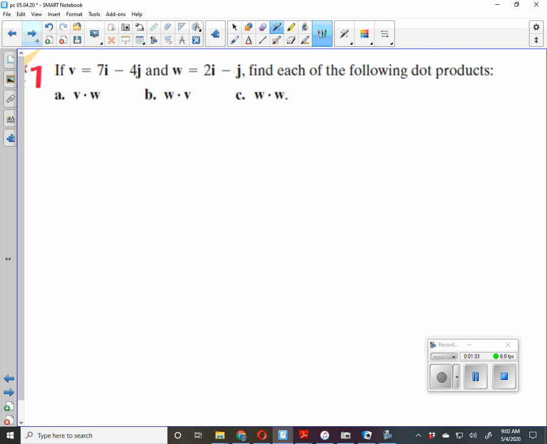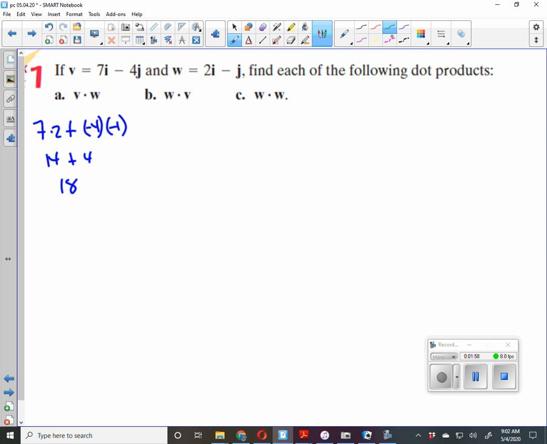So simply put, we're going to go ahead and run this. We've got V and W, so if we find V times W, that's going to be 7 times 2 plus negative 4 times negative 1, 14 plus 4, or 18.